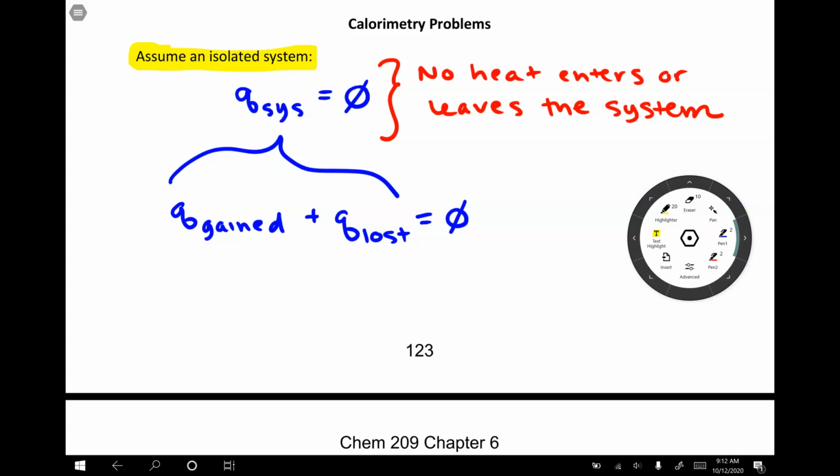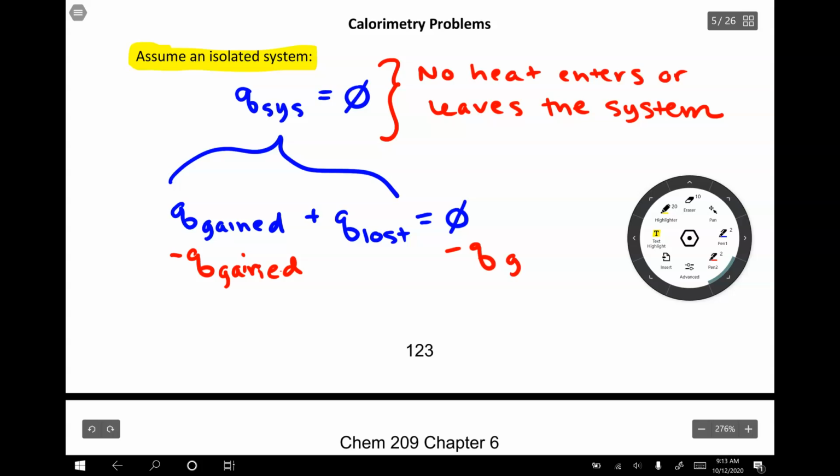So I've got this equation that Q gained plus Q lost is equal to 0. I'm going to subtract Q gained from either side. So I'm going to subtract Q gained from this side, and subtract Q gained from this side.